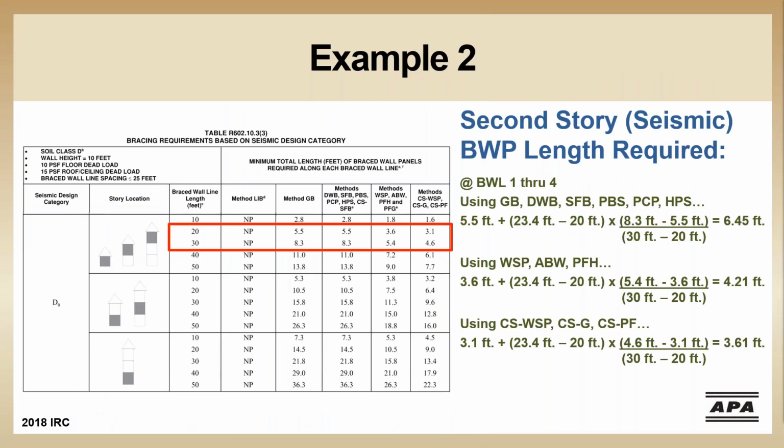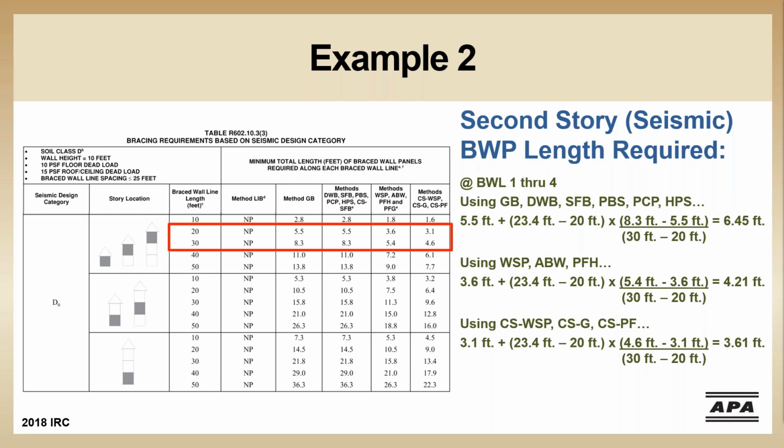We're going to jump right into the seismic tables. Also going to mention you need to still check wind. We're just skipping that for these last two because this presentation is focusing on high seismic. I've spelled out the interpolation process here just in case you're not used to doing this.